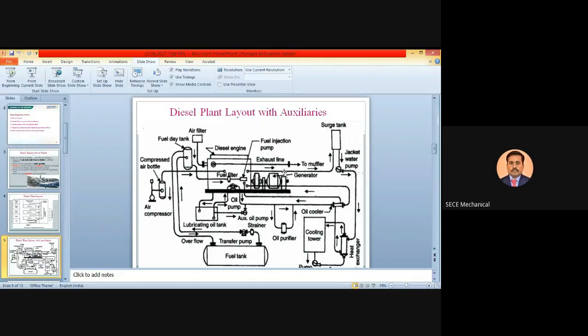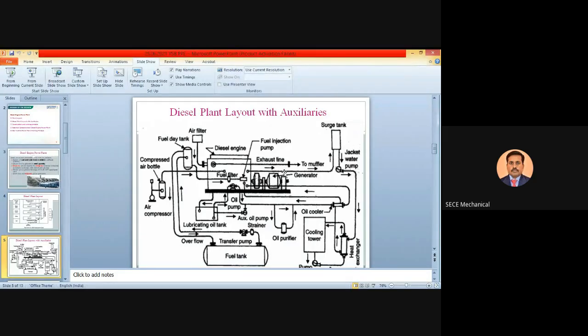Similarly, the muffler plays a very important role, because if you do not provide a muffler, a lot of noise comes. So you have to provide a muffler with a surge tank, then only your noise will be very less, and it should be located outside portion of your layout. These are the auxiliaries that should be provided.